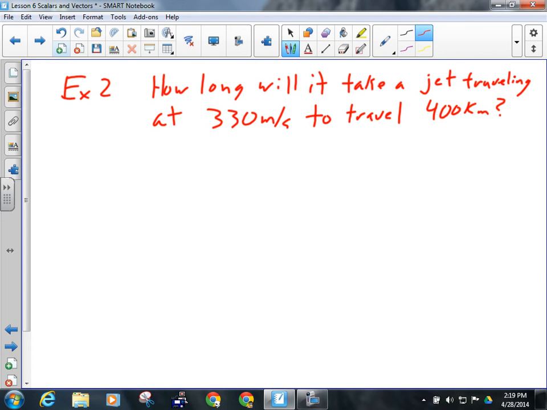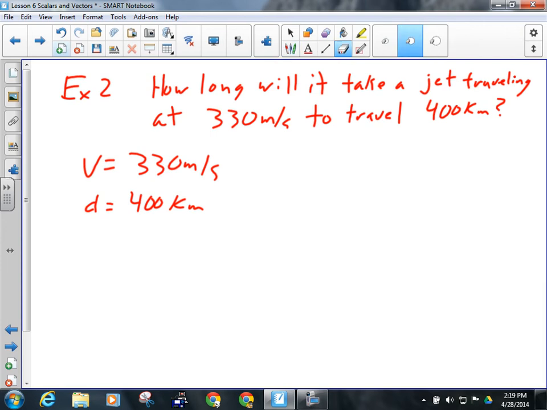What was I given in this question? Right, I was given speed because it doesn't tell me what direction. It just says 330 meters per second, and I was given distance. Okay, 400 kilometers. Now this is the thing Caroline was mentioning just a minute ago. My speed is in meters per second, but my distance is in kilometers. Do my units match? Okay, so I got to convert kilometers to meters. Right? Well, 400 kilometers is 400,000 meters because there's 1,000 meters in a kilometer. Okay, everyone with me there?